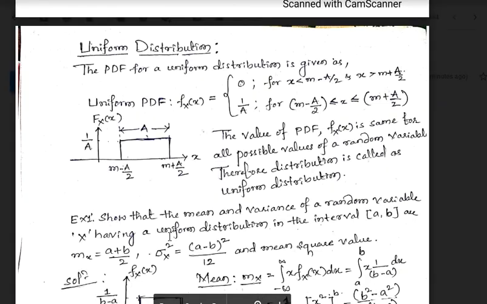So we write fx of x is equal to half, ERFC of u, where the limit starts from (m minus x) divided by sigma root 2. We write it in this fashion.